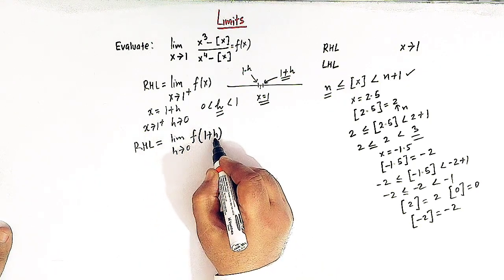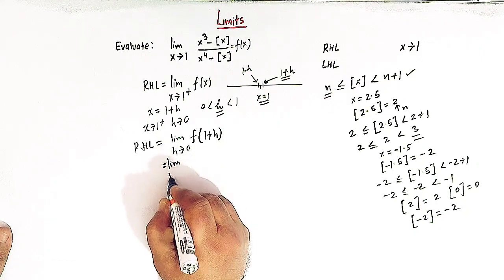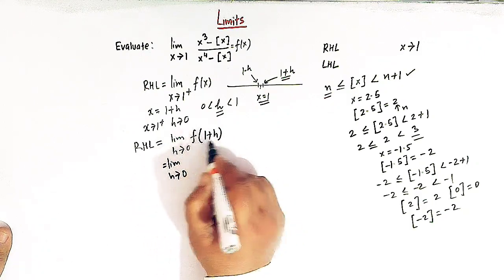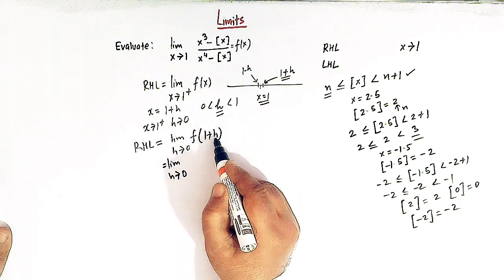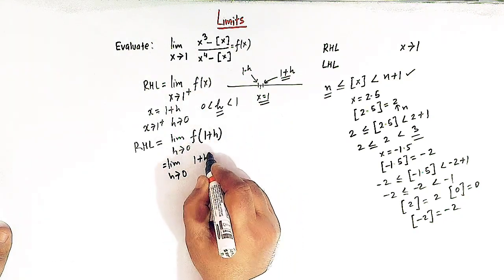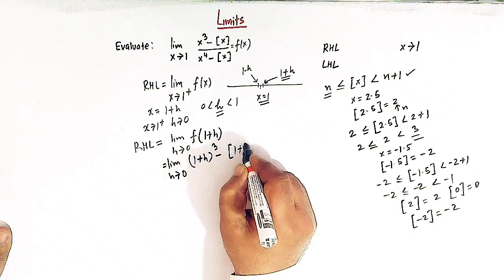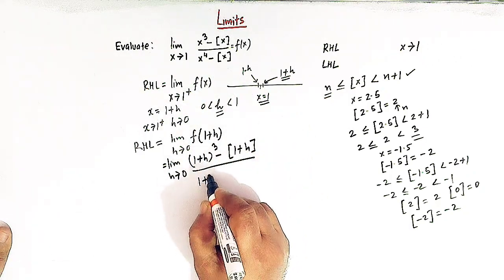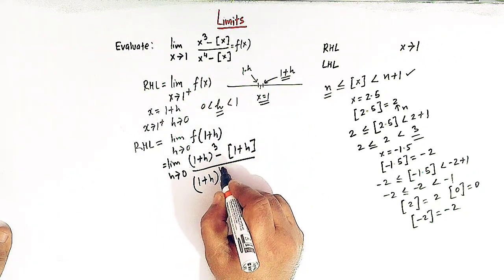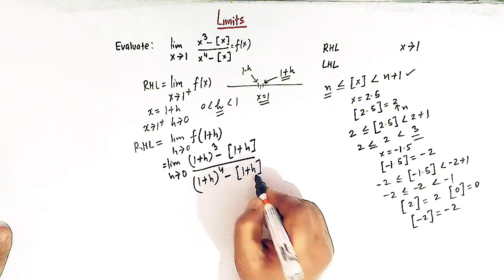Now we'll substitute 1 plus h in this expression. So we have limit h tends to 0, and f of 1 plus h can be obtained by replacing x by 1 plus h. So we have (1 plus h) cube minus greatest integer of 1 plus h, divided by (1 plus h) raised to 4 minus greatest integer of 1 plus h.